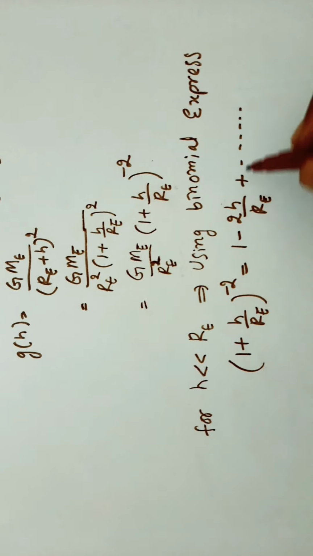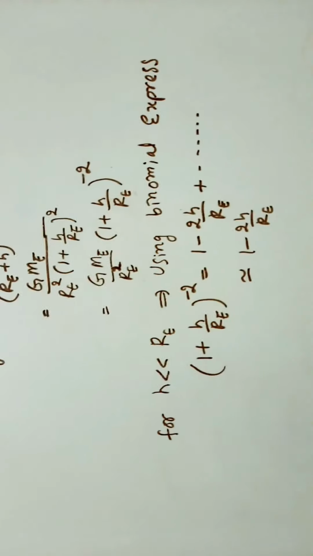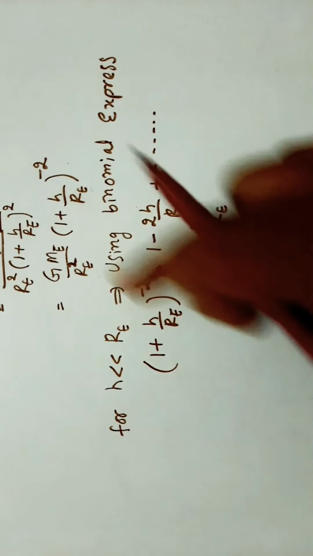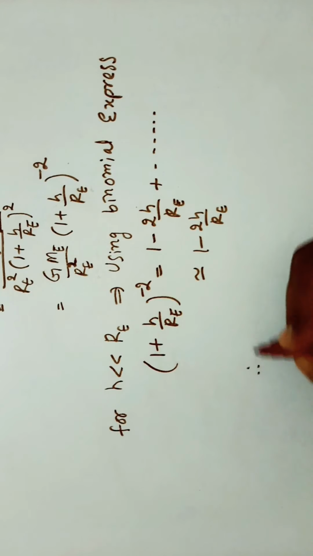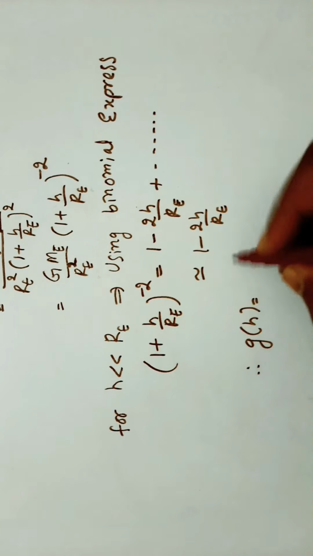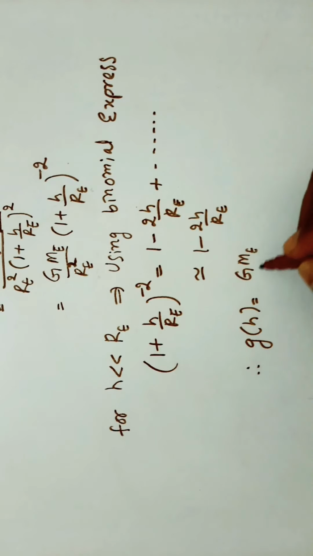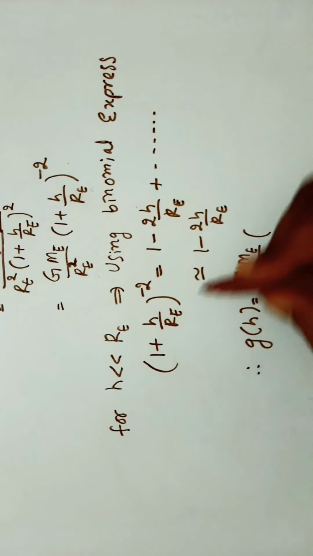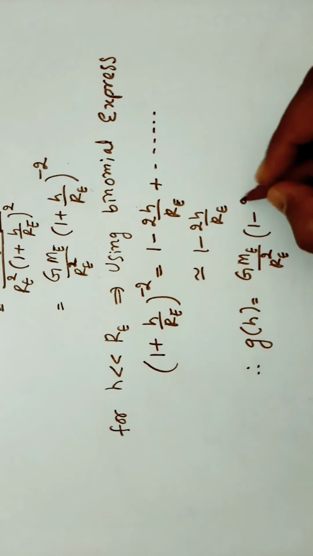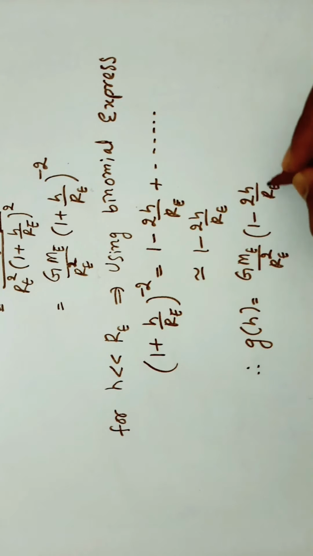Here we can neglect higher order terms. So this is nearly equal to 1 minus 2h by Re. Substituting this value in the equation, we get g of h is equal to G Me by Re square into 1 minus 2h by Re.